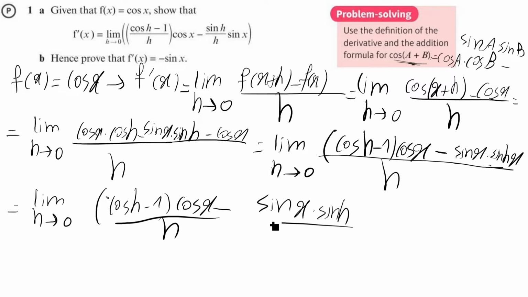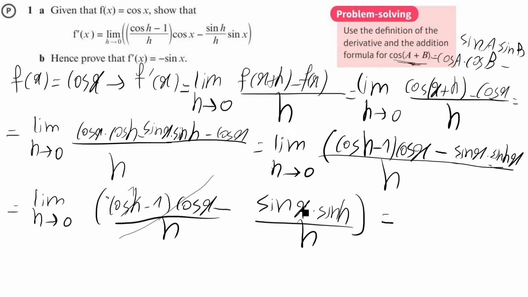Okay, and here we need to consider the fact that the value of h is small and is approaching 0, and we will be able to use the small angle approximation as well. So here, at first, as h tends to 0, cos h is also going to tend to 1. So here will be 1, and 1 minus 1 is 0. So this whole expression will be 0.